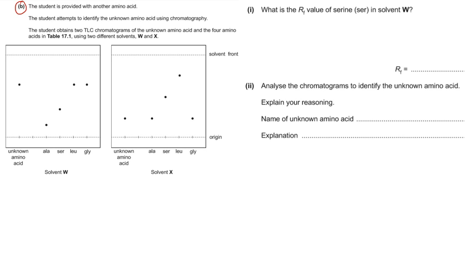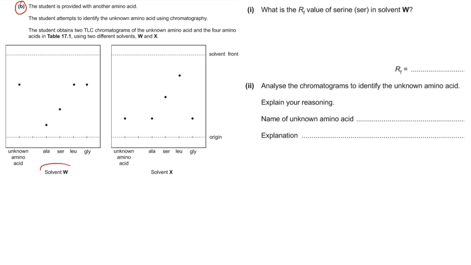Okay, here we have part B, and we're now onto chromatography, and we're provided with another of the amino acids, which we have to identify this time using chromatography. So we've been given 2 chromatograms, here they are, of the amino acid, and they're in different solvents, W and X. Looking at the question, the first question is what is the RF value of serine in solvent W?